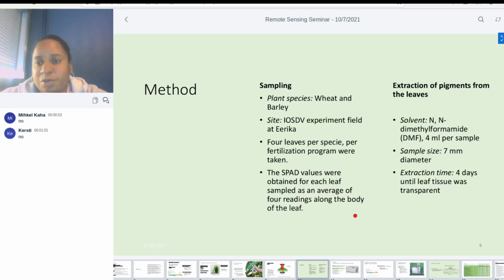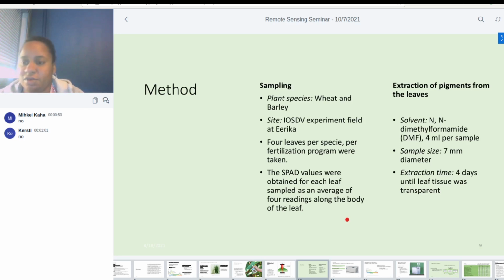To obtain the information for this study, first we did the sampling, and the species that we used were wheat and barley. For the sampling, 4 leaves per species per fertilization program were taken. The SPAD values were obtained in the field as an average of 4 readings along the body of the leaf blade.